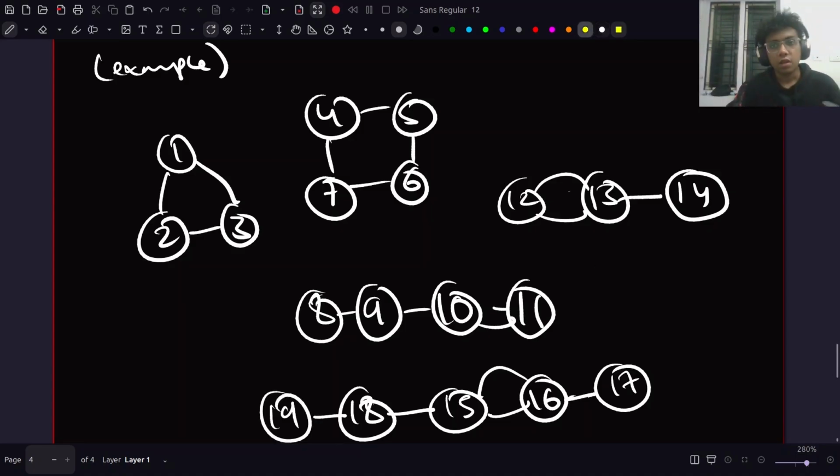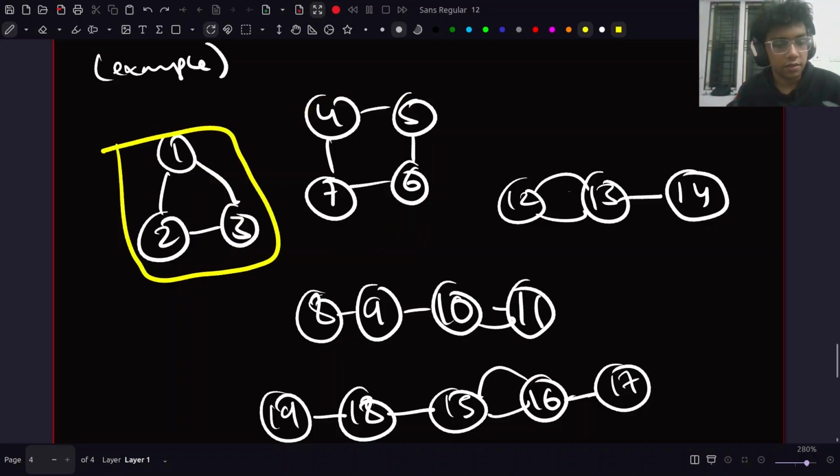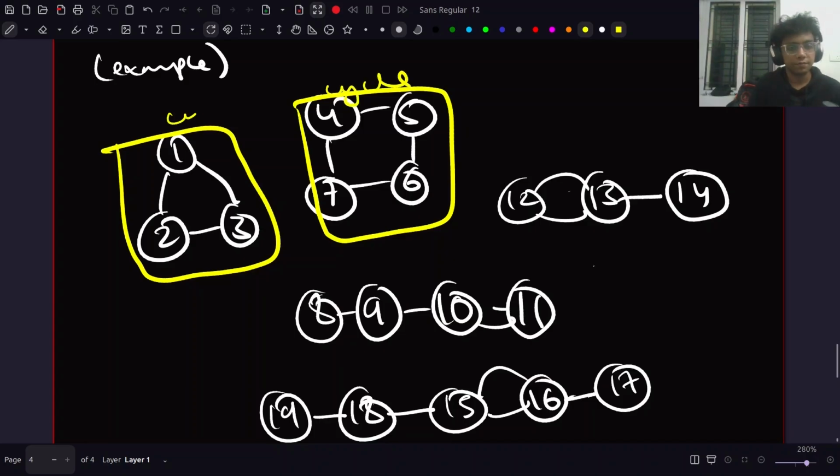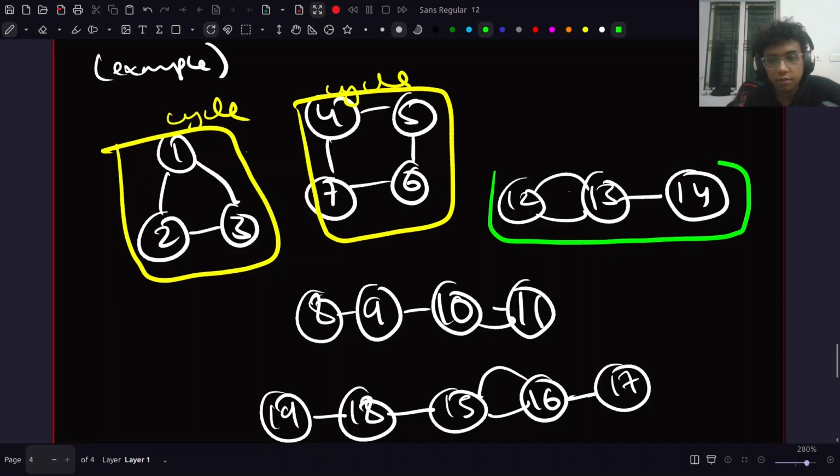So then we can identify that these are cycle cases, right? These are definitely cycle cases. And we can also say that these are the bamboo cases.